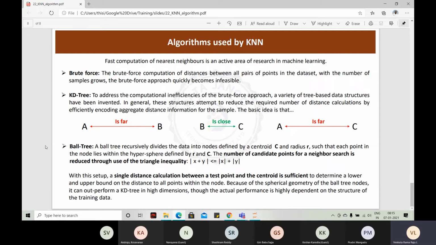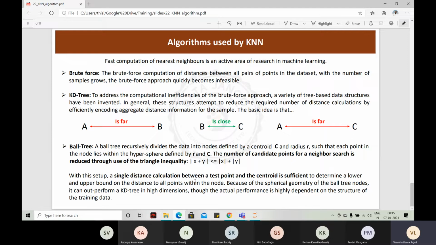If you are using KNN, it is better to use the ball tree algorithm. It forms hyperspheres, takes the centroids, calculates the distance between the data point and the centroids, finds the closest centroids, and then takes the neighbors from those centroids.